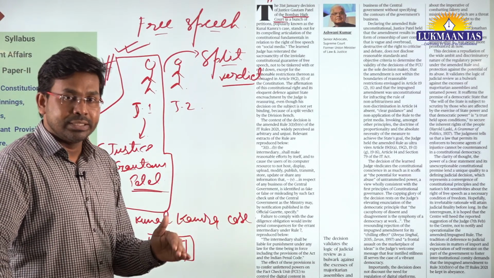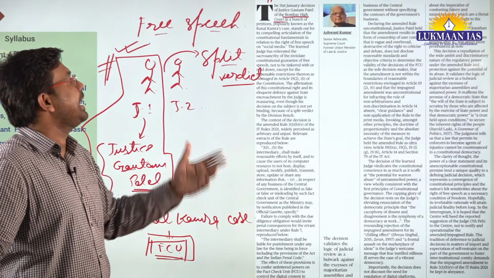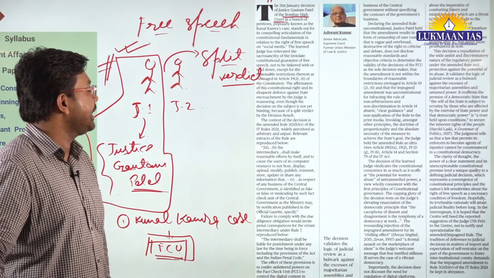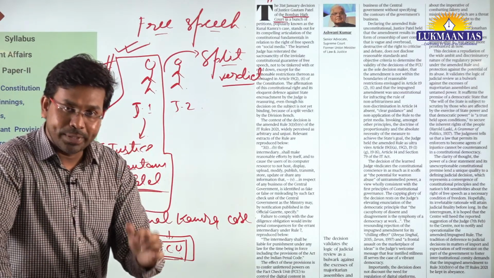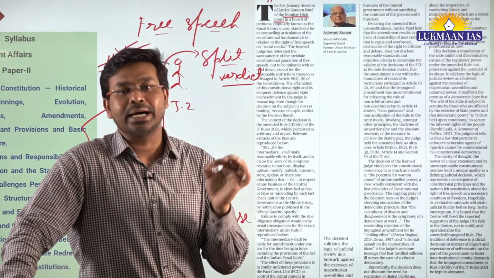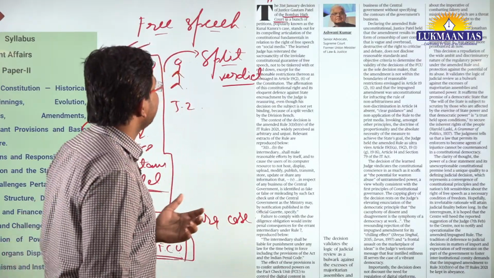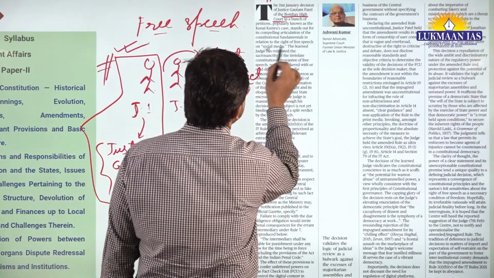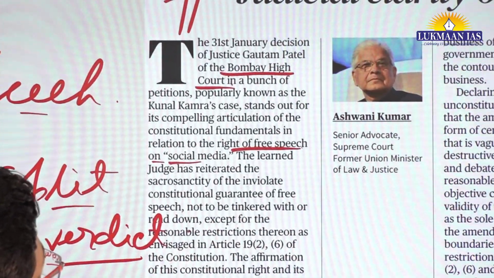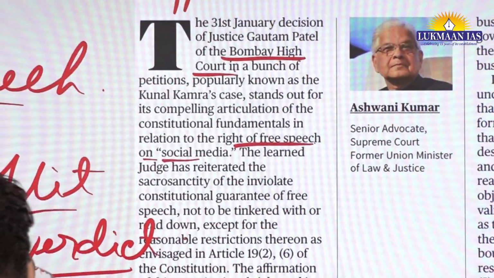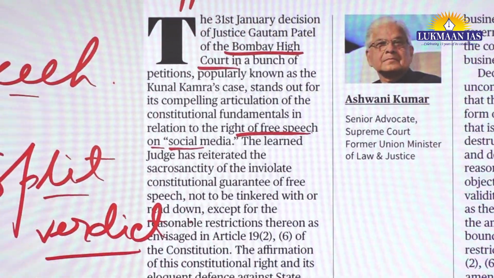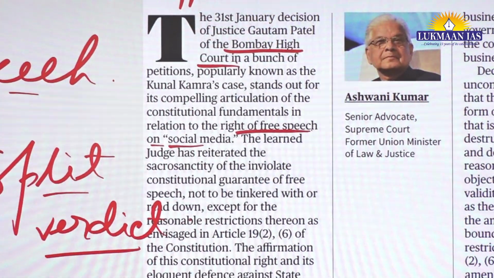So a case was filed in the Bombay High Court, and one of the judges, Justice Gautam Patel, has taken an opinion. Justice Gautam Patel has held that this is unconstitutional. The learned judge has said that on social media also there is a right to free speech for people, and so the restrictions put by the central government based on the fact check unit are not constitutional.